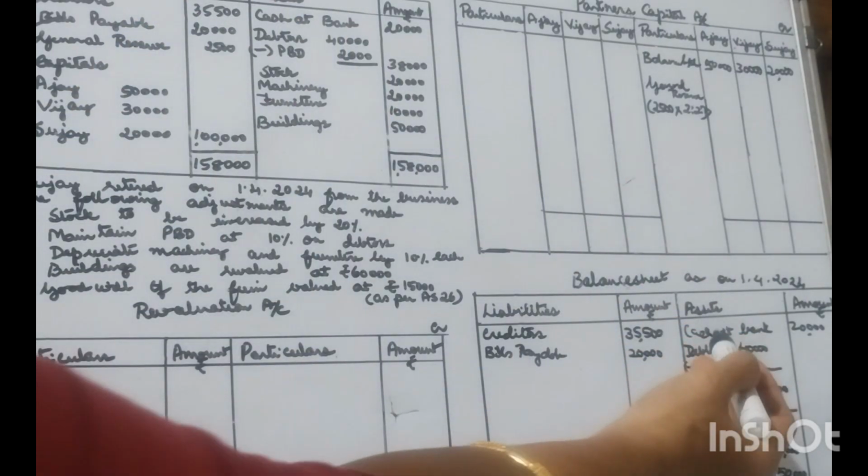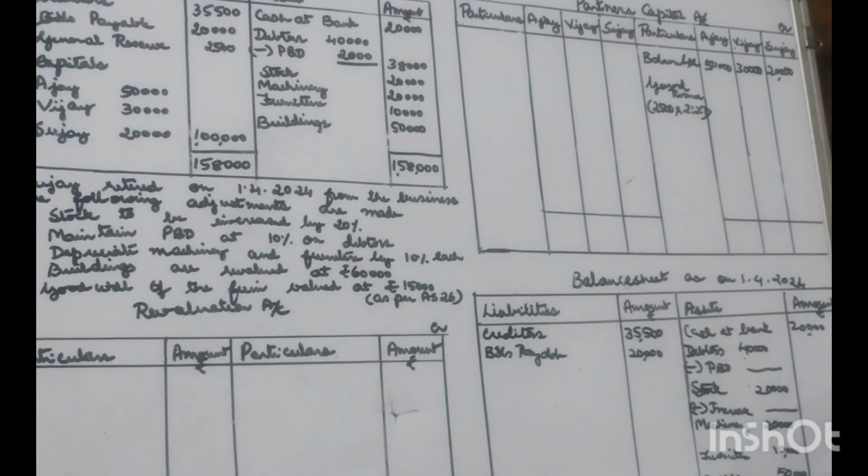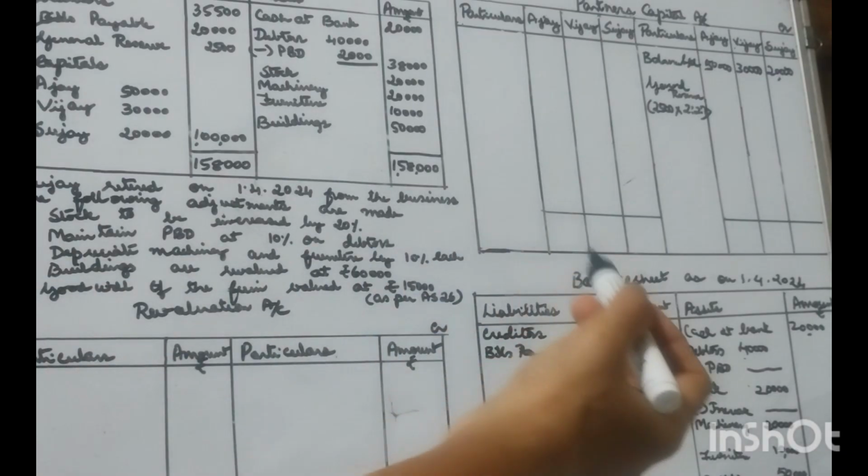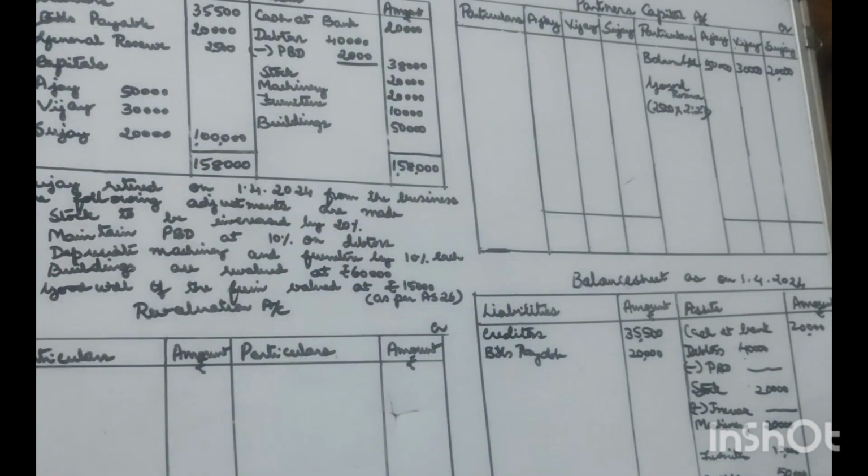Next, cash at bank, one of the current assets, recorded under the asset side. Debtors with provision for bad debts, again stock, machinery, furniture and building with certain adjustments that have to be made. So next, additional information.